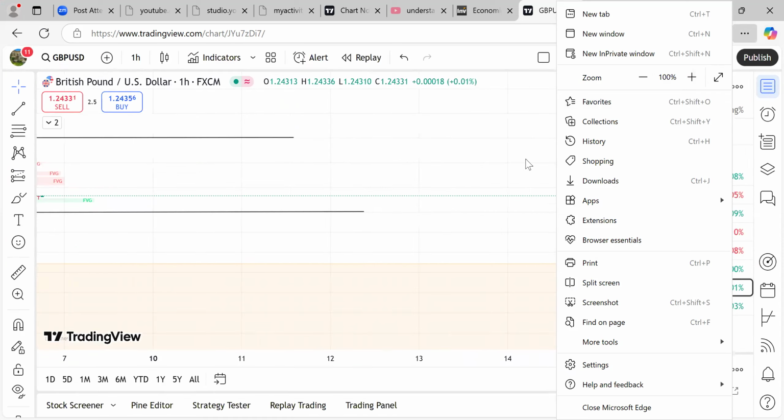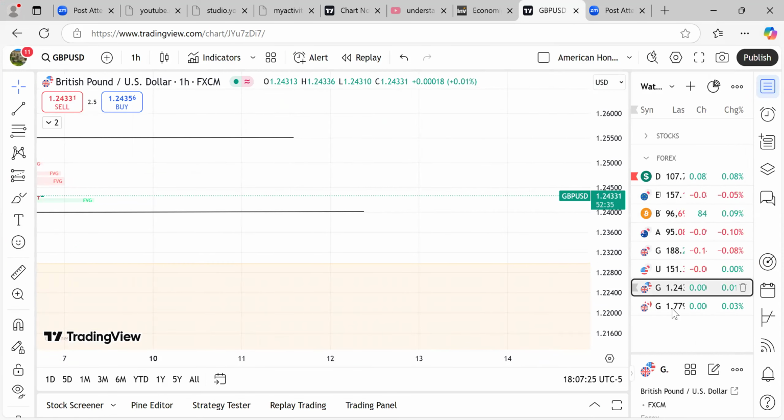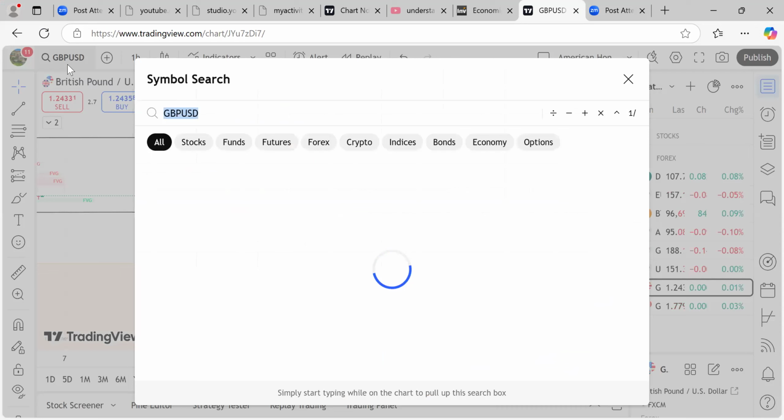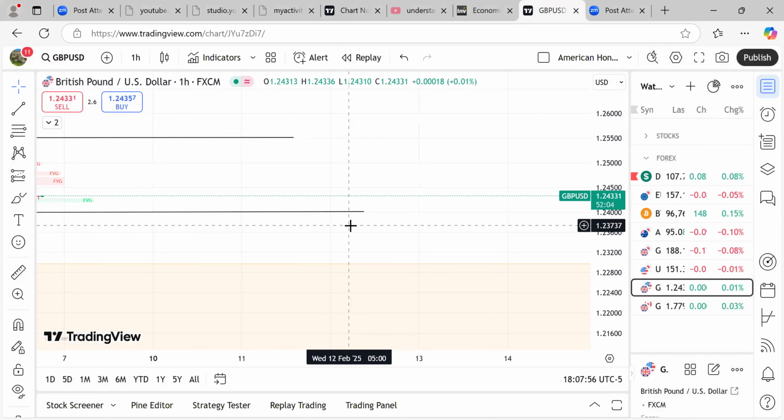Let's use EUR USD, because we already used EUR USD as the example, but my network is a bit slow, so I'll just stick to GBP actually.